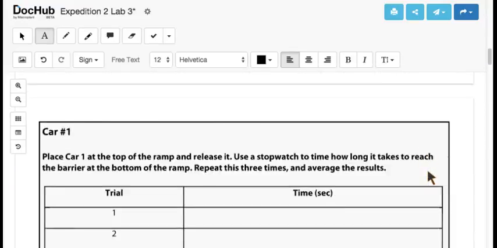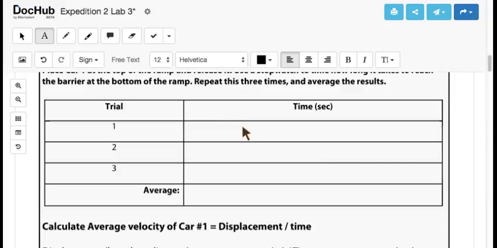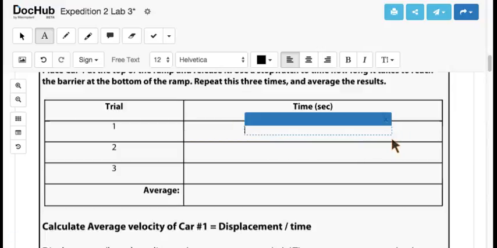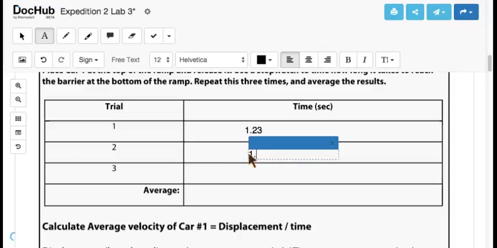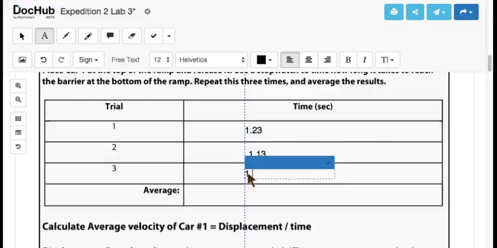Okay. All right. When you get your times, these are going to vary a little bit, but most people got approximately what I did. So you'd have like 1.23, 1.13, and 1.23.